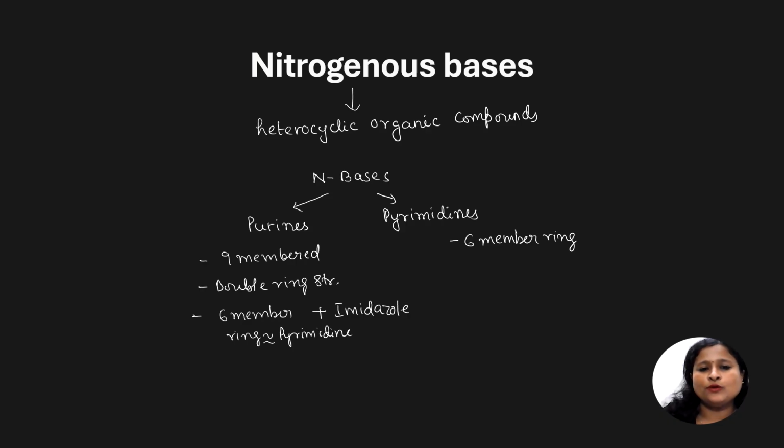Under purine, you have adenine and guanine. Under pyrimidine, you have cytosine, uracil, and thymine.